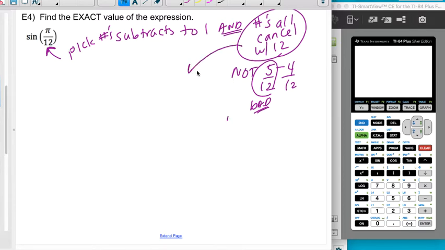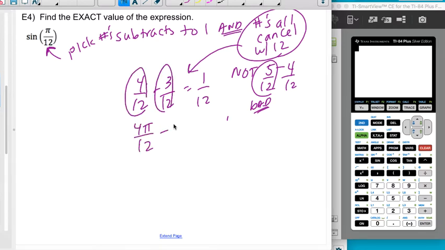If you pick 4/12 minus 3/12, that would give you 1/12. And because 4/12 and 3/12 simplify, 4 pi over 12 minus 3 pi over 12 would give you your pi over 12, but that's actually a pi over 3 minus pi over 4, which are both on the unit circle.